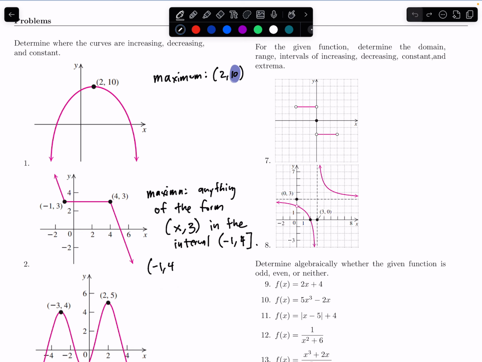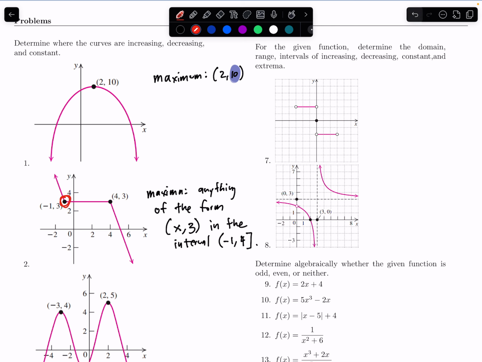But I think that's unnecessary. I feel like that's extra work. So let's just leave it as our relative maximum. Our maxima are everything of this form: some x coordinate, 3, as long as x is between -1 and 4, including 4. Okay, that's the maximum.